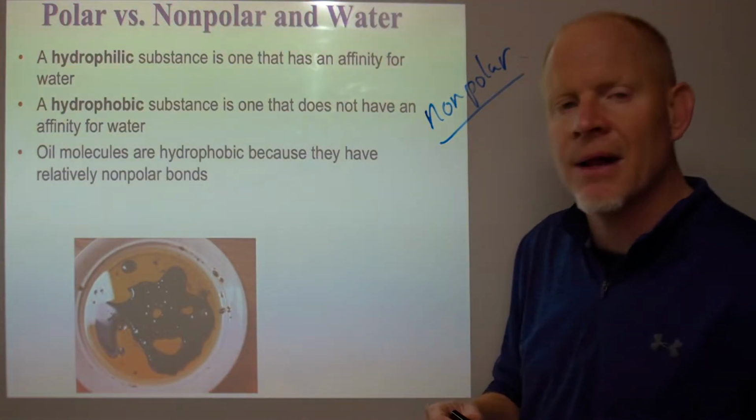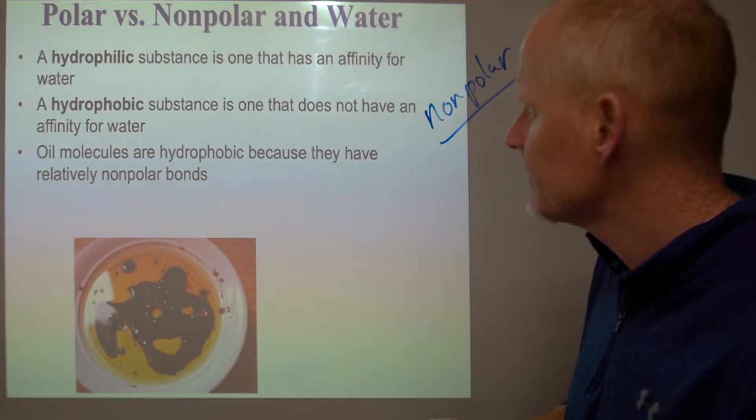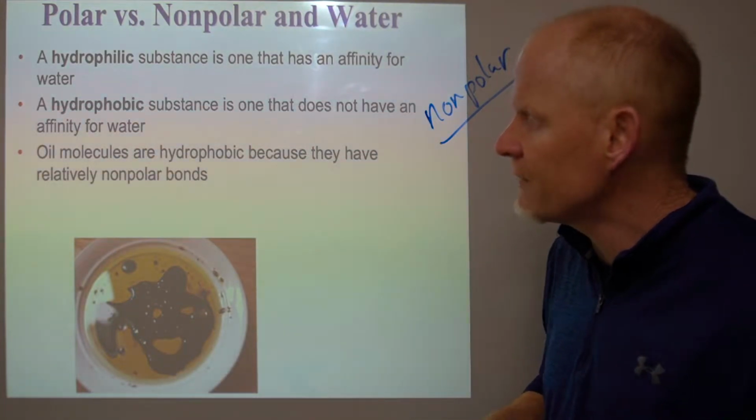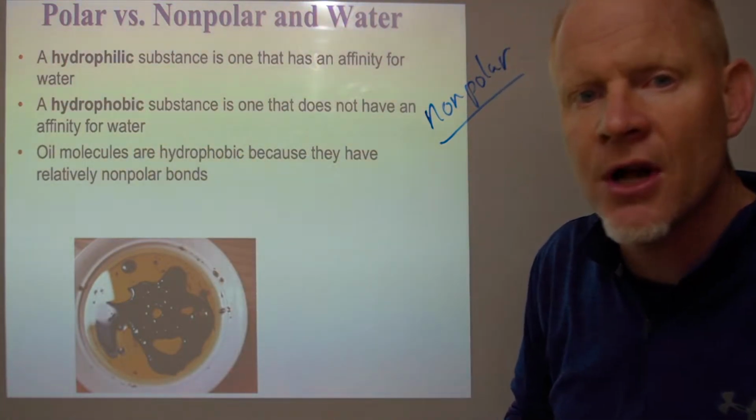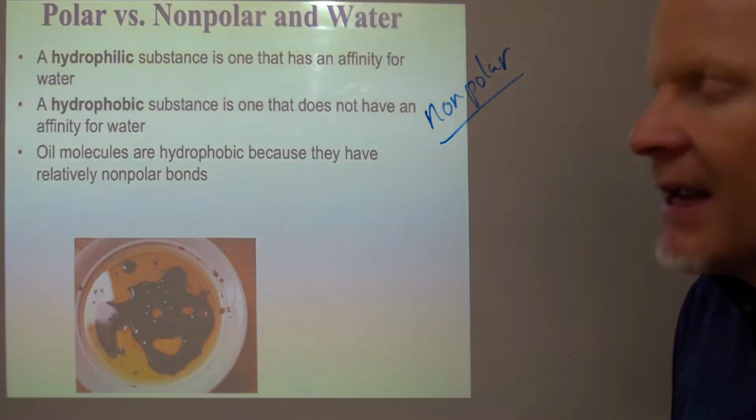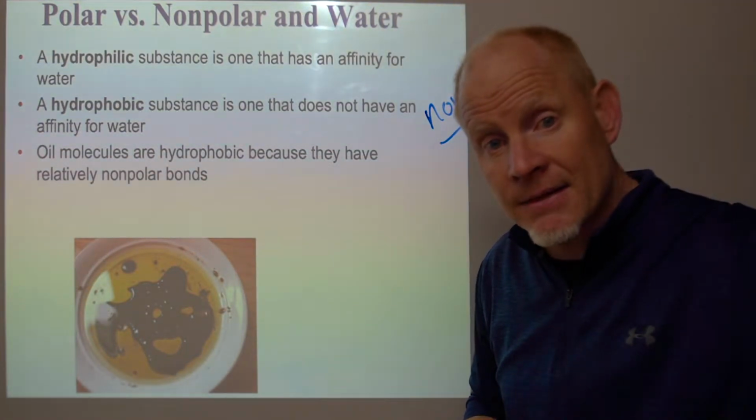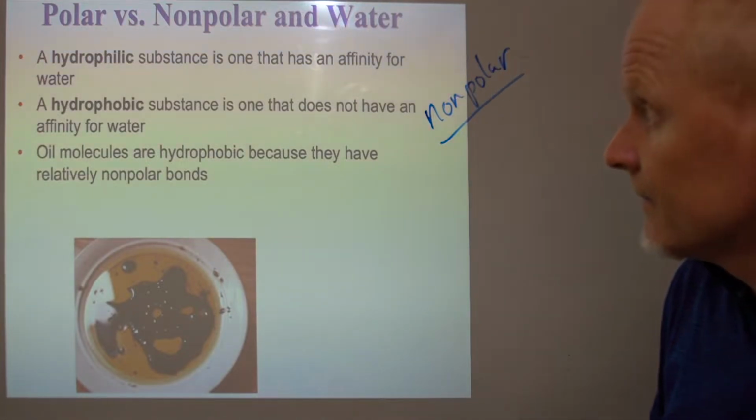That is hydrophobic molecules not mixing with the water molecules. Hydrophobicity becomes really important particularly when we start talking about cell membranes, and how they separate the cytoplasm from the interstitial fluid.